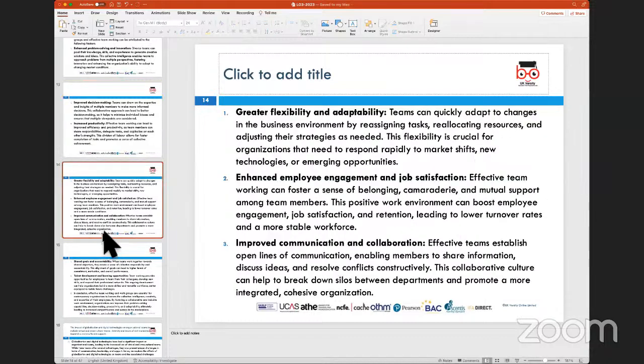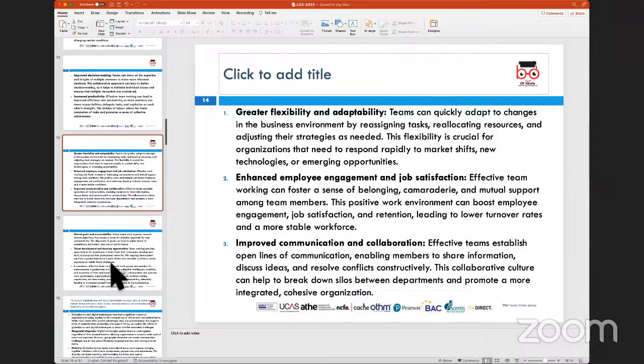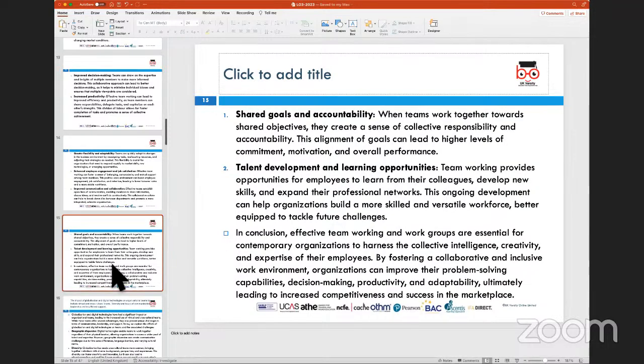Now, we will also look at other advantages, and these could include flexibility, more job satisfaction, and obviously improved communication. This could also mean that if I'm sick or overloaded, I could speak to my colleague, because we work together collaboratively under one work group.